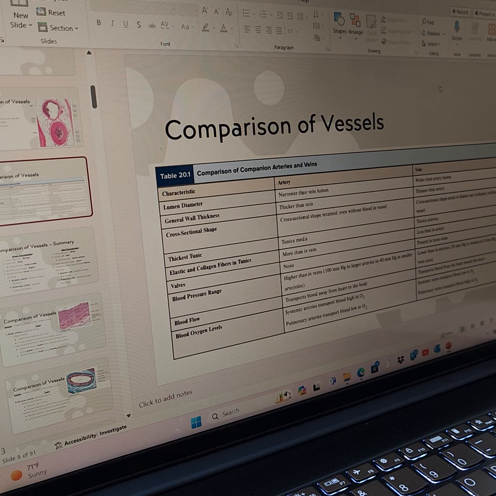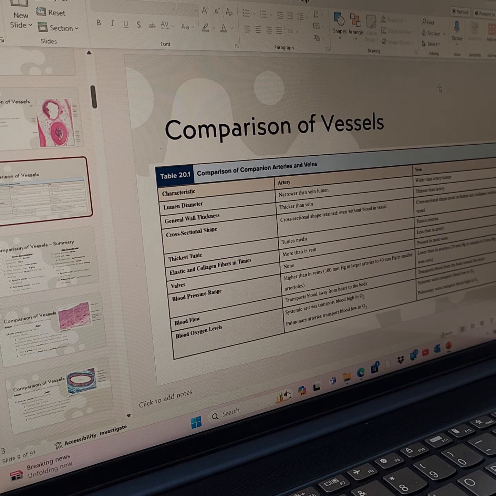So we're getting into the portion where it is just going to pound home all of the differences between arteries and veins. This is the category of lumen diameter. Arteries are narrower than vein lumen. Veins are wider than artery lumen.